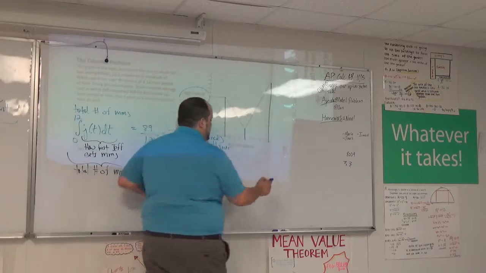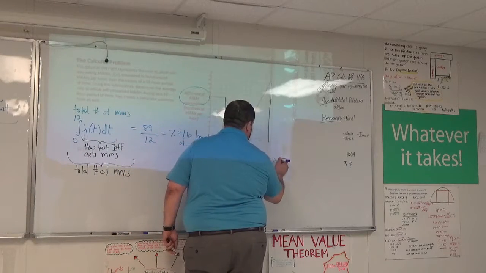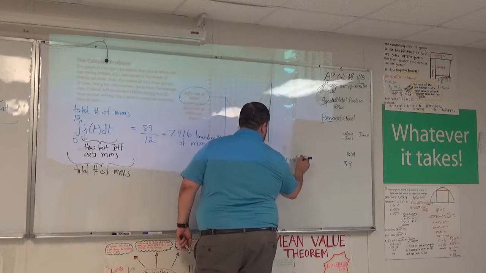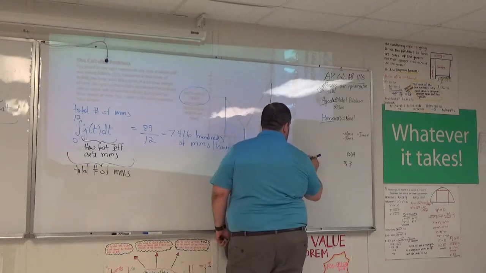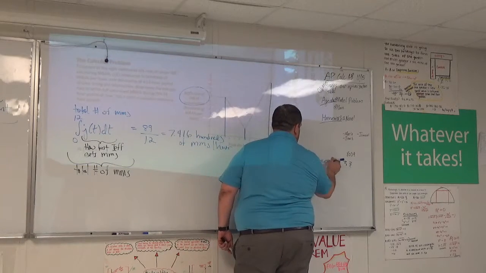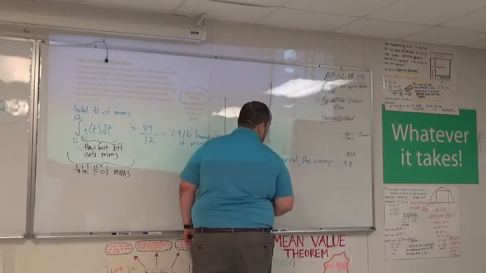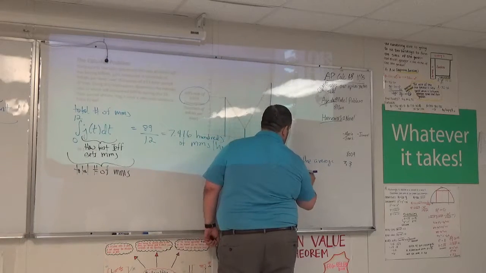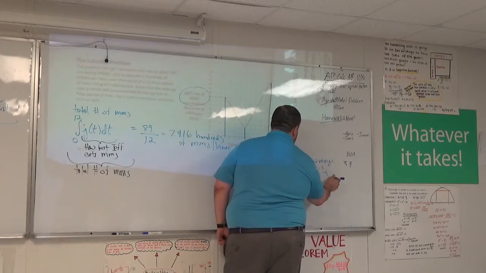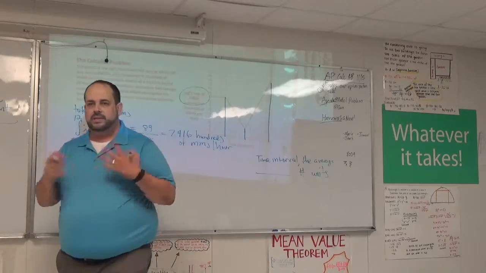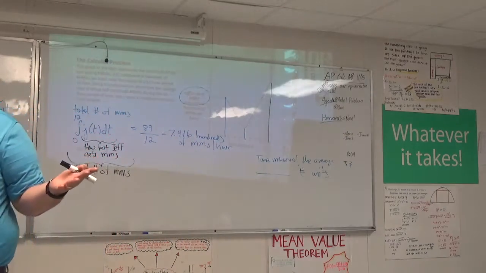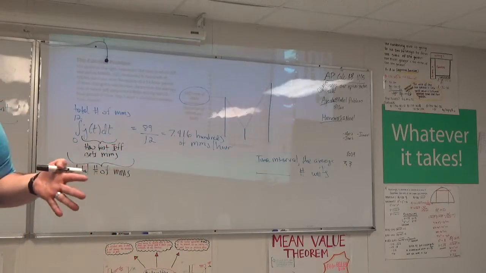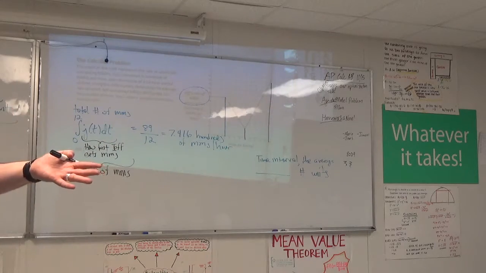First, get your time interval: from a place to a place, you tell me the average of something, and then give me the number with the units. Time interval, the average, what's the function you care about, what's the number, what are the units. Everybody okay? This is how we're going to find average.